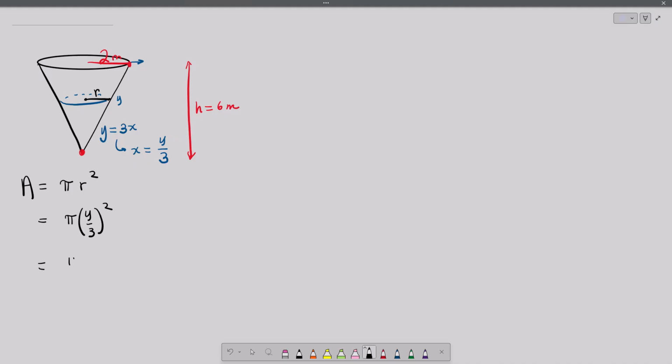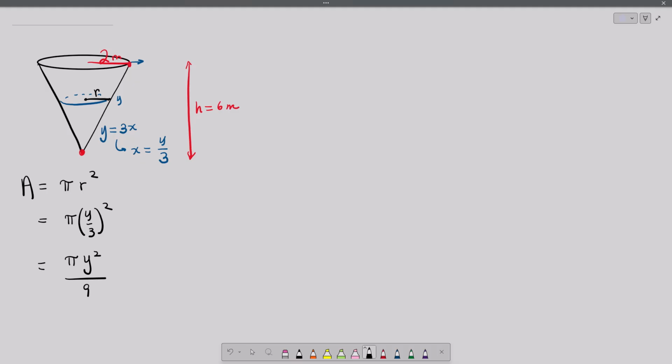So we get pi y squared over 9. That is the area of the disk at height y. If you plug in 0, your disk has area 0. If you plug in a y value all the way at the top, which is 6, 36 divided by 9 is 4, so 4 pi is the area of the disk at the top.